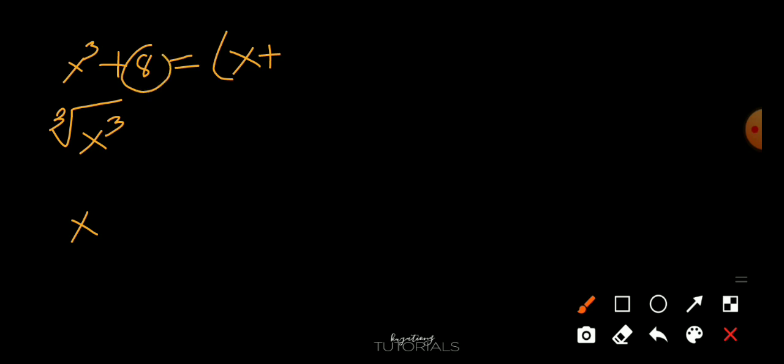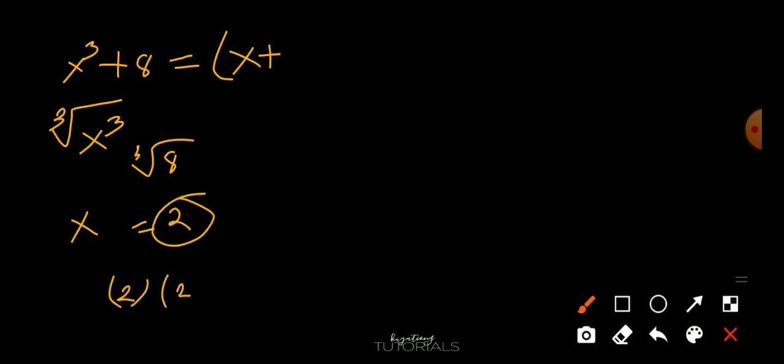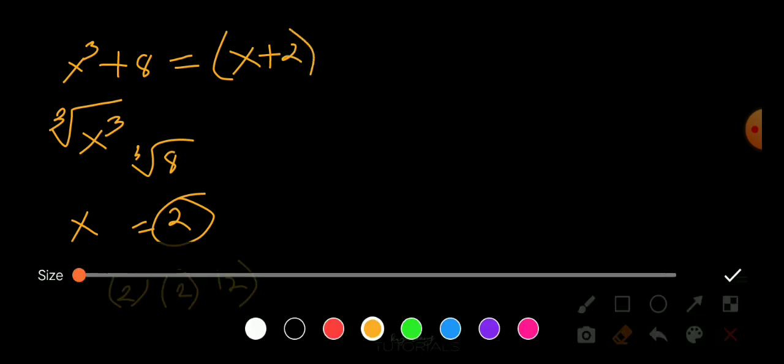Then, cube root ni 8. This is 2, di ba? Nga naman, 2 times 2 times 2, this is 8. Number nga kung i-multiply ka tulo, nga result of 8, see? 2. So, of course, 2 ato sumpay din.